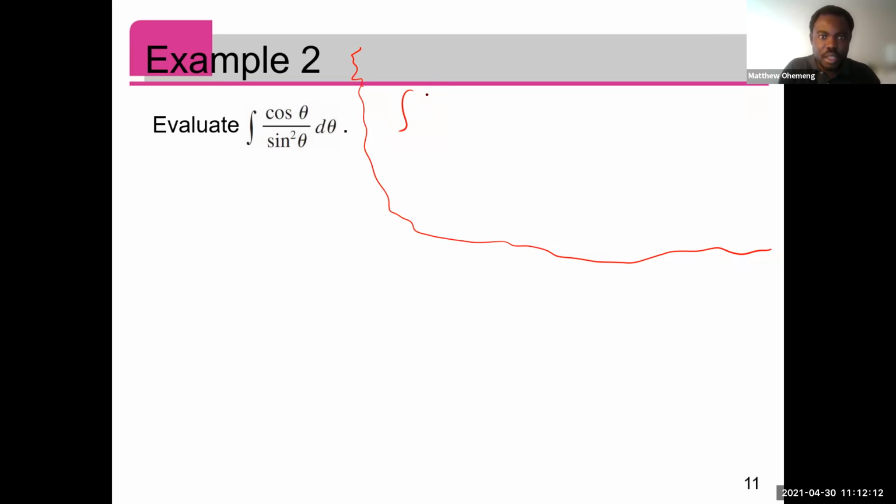But I say, okay, cosine of theta over sine squared theta is the same as cosine of theta over sine of theta times 1 over sine of theta, d theta. But then cosine of theta over sine of theta, as you said, is cotangent of theta. And 1 over sine of theta is cosecant of theta, d theta.